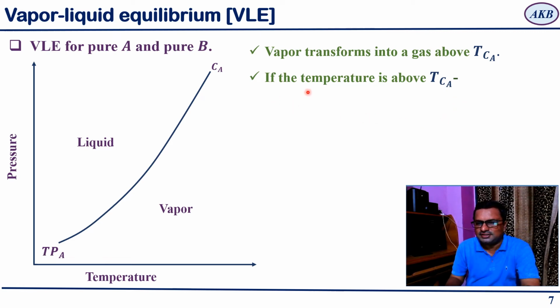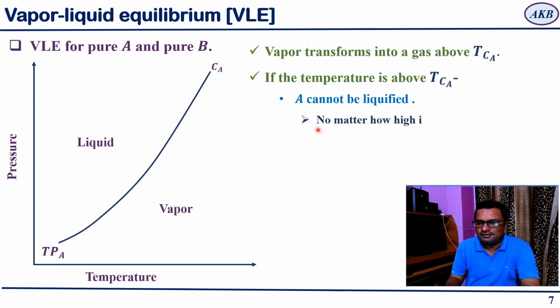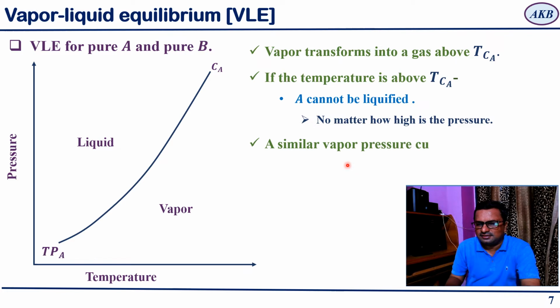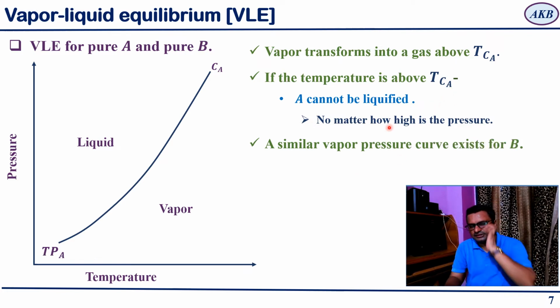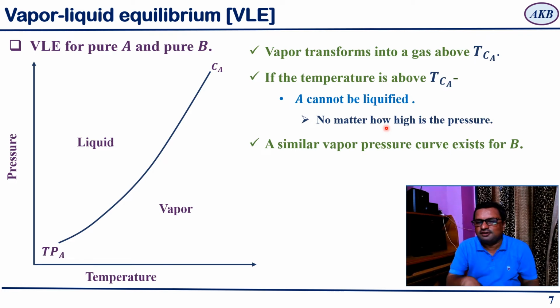So the point is, if the temperature is above Tca, A cannot be liquefied, no matter how high the pressure is. In order to cause liquefaction, the temperature has to be below the critical temperature.